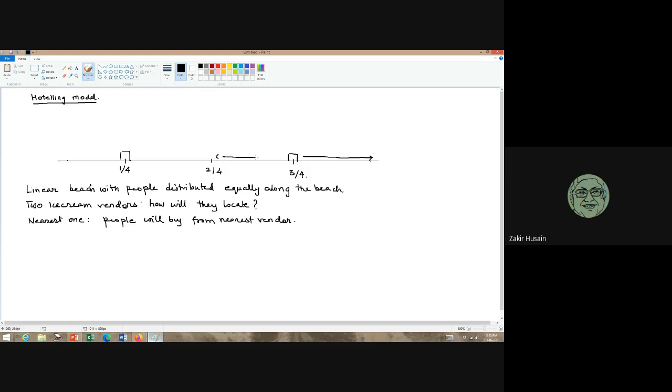All these people will also come to him. So this is how the market is distributed initially. And this is optimal because no one has to walk more than this amount. This is the maximum distance that a person has to walk.